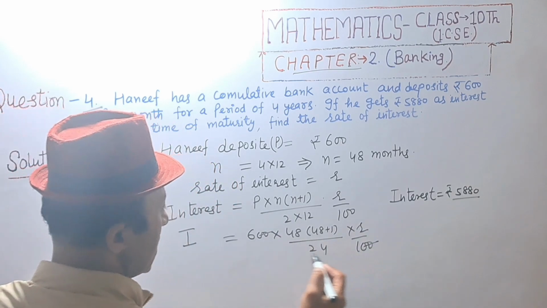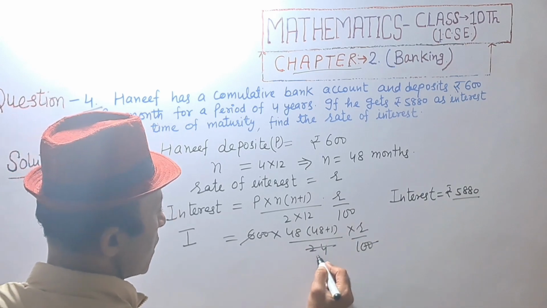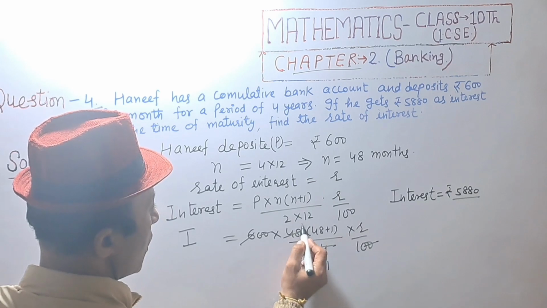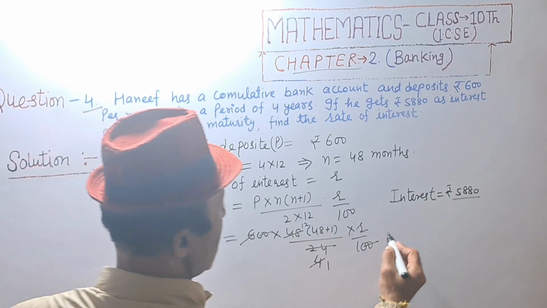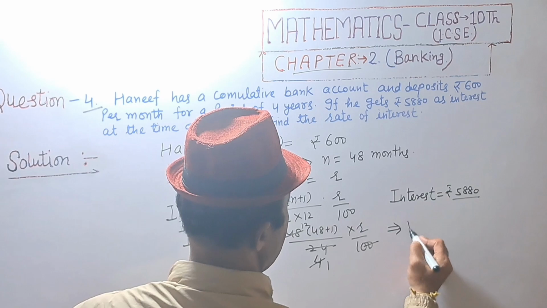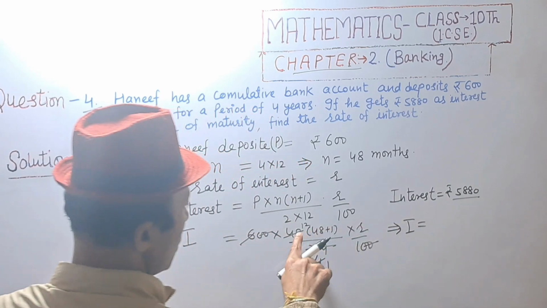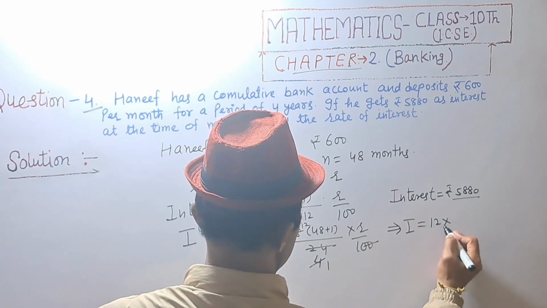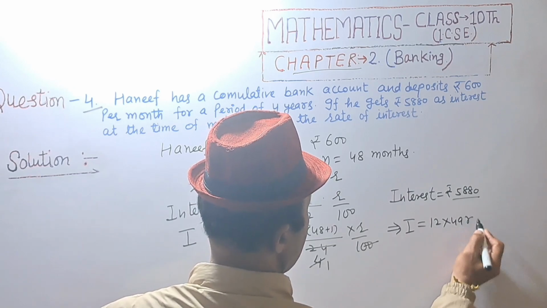0 is cancelled, and 6 4s are 24, 4 1s are 4, 12 4s are 48, which implies interest is equal to 12 into 49R.